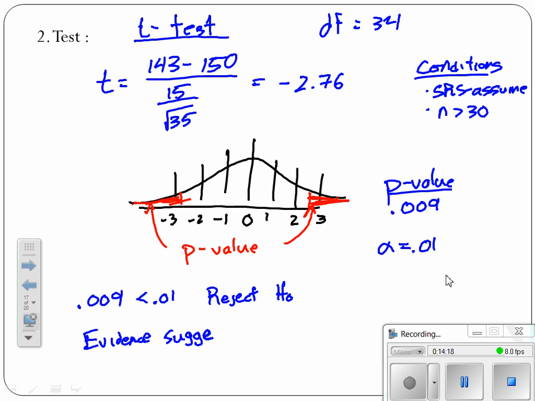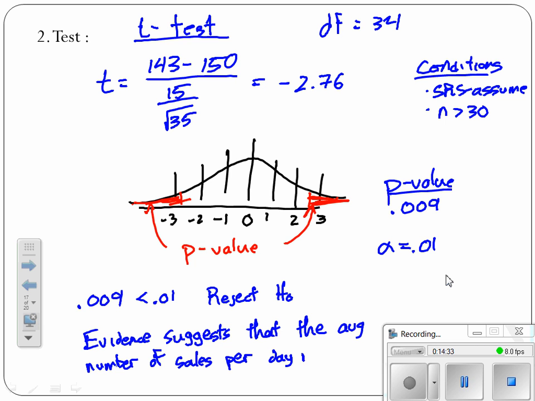So what that tells us in the context of this problem is that evidence suggests that the average number of sales per day is not 150.